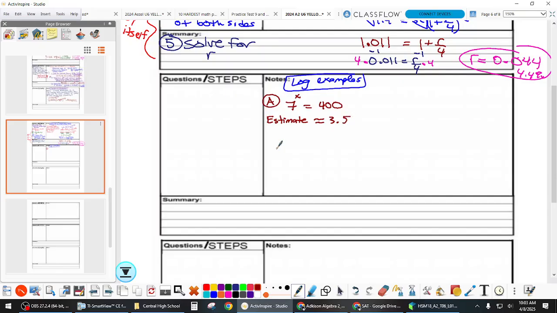Okay. Rewrite in log form, which looks like what? What's our base? Log base 7. What's our result? 400. What's our exponent? We don't know.